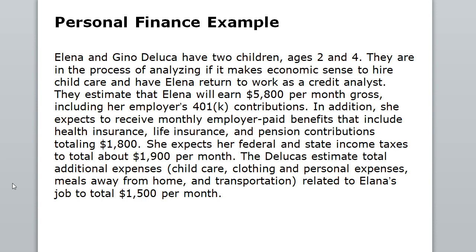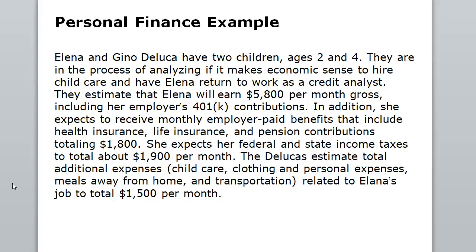So here's a personal example. Elena and Gino have two children, ages 2 and 4. They're in the process of analyzing if it makes economic sense to hire childcare and have Elena return to work as a credit analyst. They estimated that she can earn $5,800 per month gross, including her employer's 401k contributions.